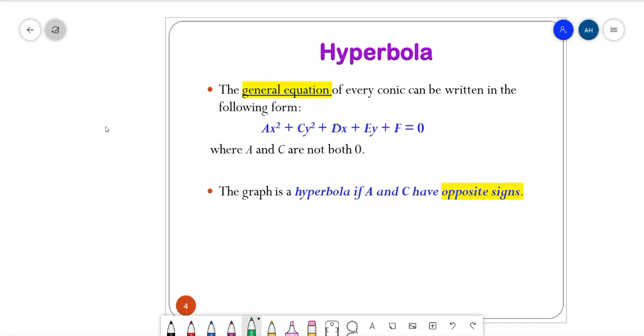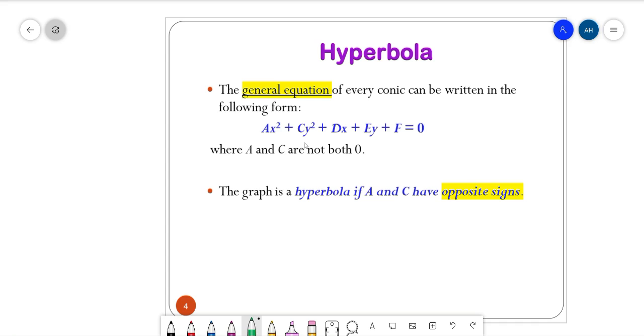Therefore, when we write down the equation, each one of them can be written in this form: ax squared plus cy squared plus dx plus ey plus f equal to 0. This will be the general equation for any conic section that we talked about just now, four of them. Either it is a circle, ellipse, hyperbola, or a parabola, the general equation is the same.